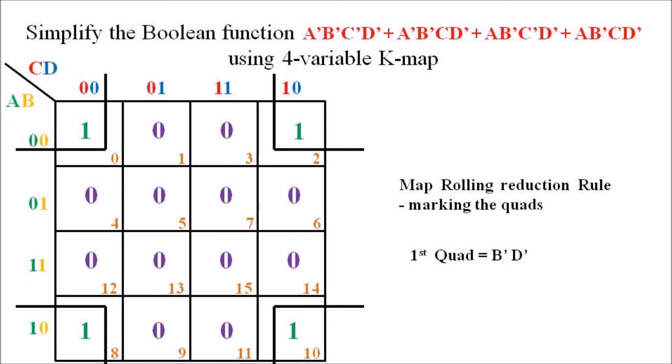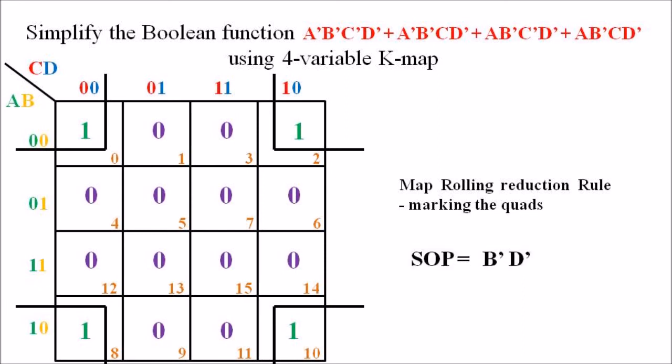Thus we consider the variable b in the reduced form. Here the value of b is 0, thus we take it as b'. Similarly, for column 1 and column 4, the values are 0, 0 and 1, 0. The value of c changes from 0 to 1 and the value of d is unchanged with d equal to 0. Thus we take d'. Therefore, the quad can be reduced as b' d'.